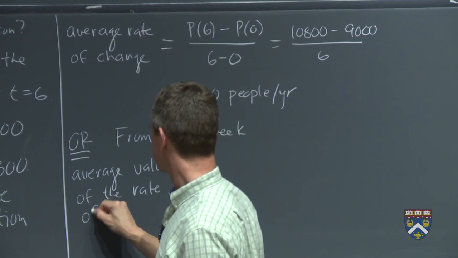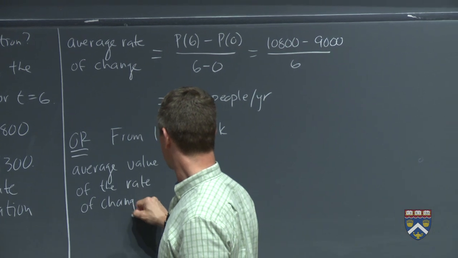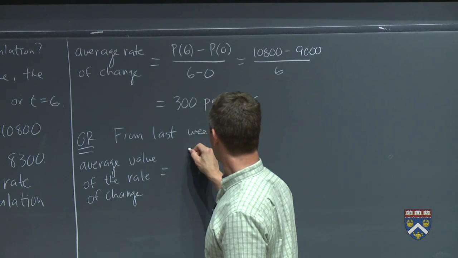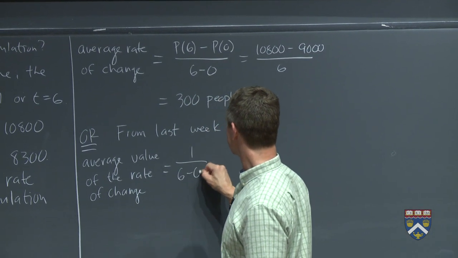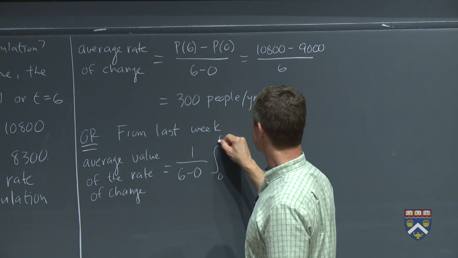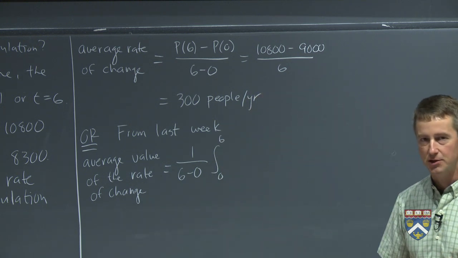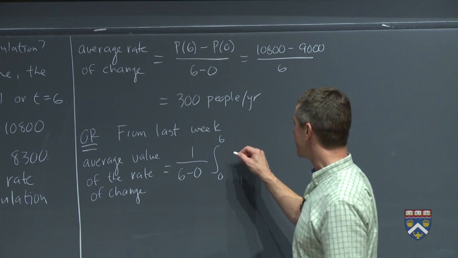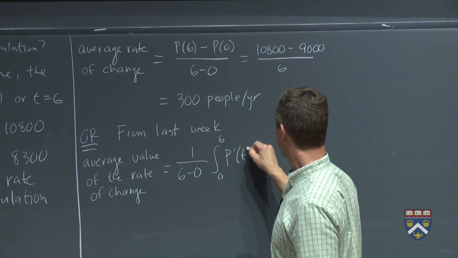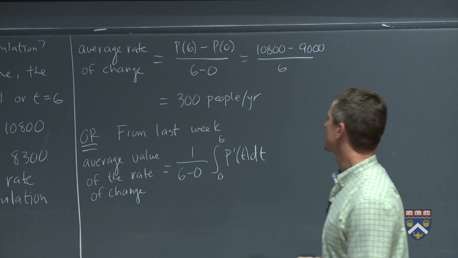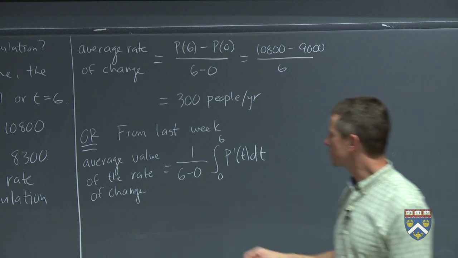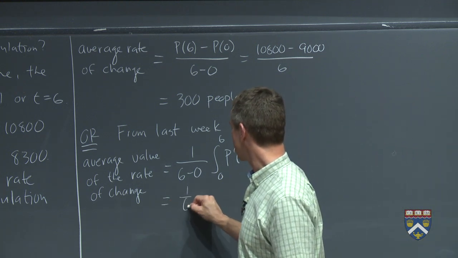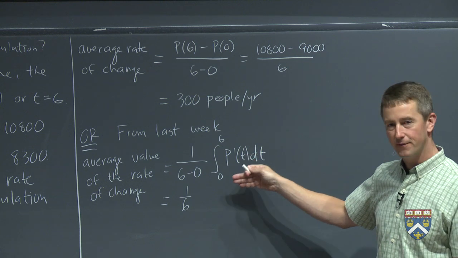How did we figure out last week to do that? We took 1 over 6 minus 0, and then the integral from 0 to 6 of the function whose average value we were looking at. And in this case, the function whose average value we're looking at is P prime. So this is 1/6, and now here we use our fundamental theorem, right?